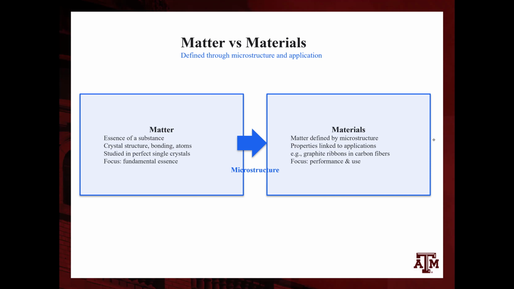However, we have a lot of options at our disposal to change their properties and make materials out of the basic or fundamental elements we see on the periodic table, by combining different elements or by inducing different microstructures in those elements and their compounds. And that's usually done using different manufacturing techniques.